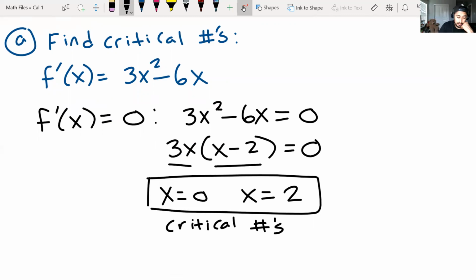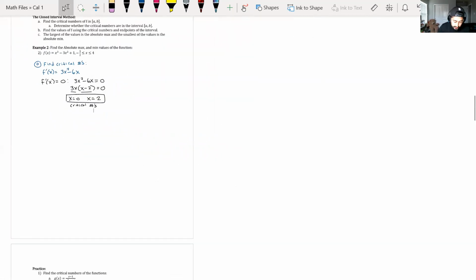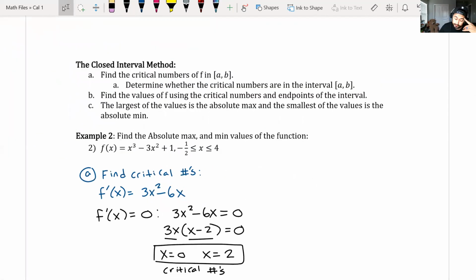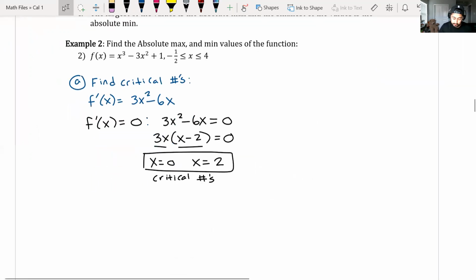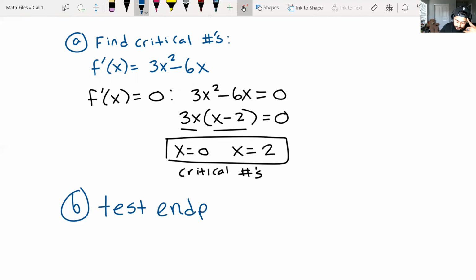Okay, excellent. So that one was really nice, right? So all we have to do now is test the endpoints with the critical numbers. Okay, so B, test endpoints and critical numbers.